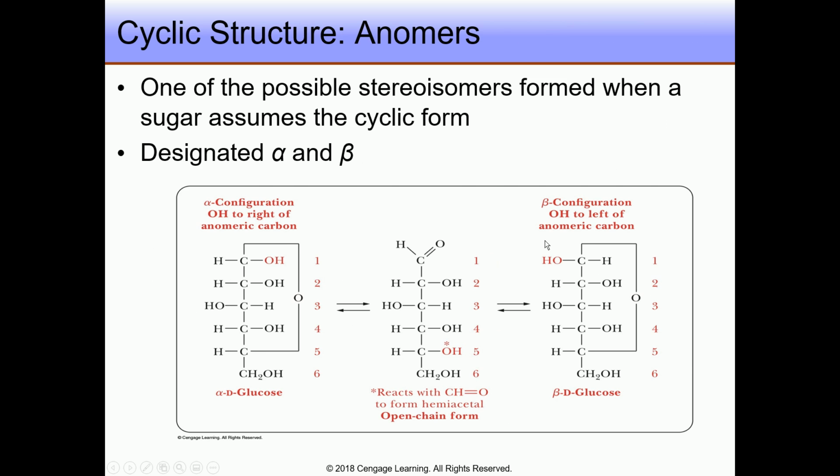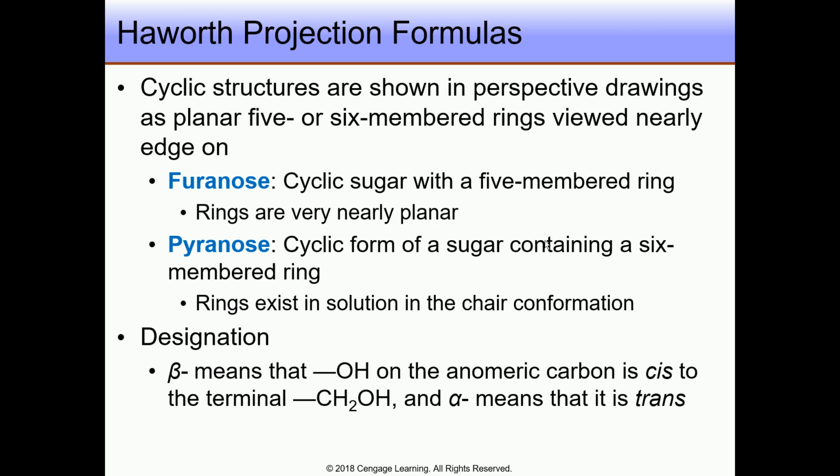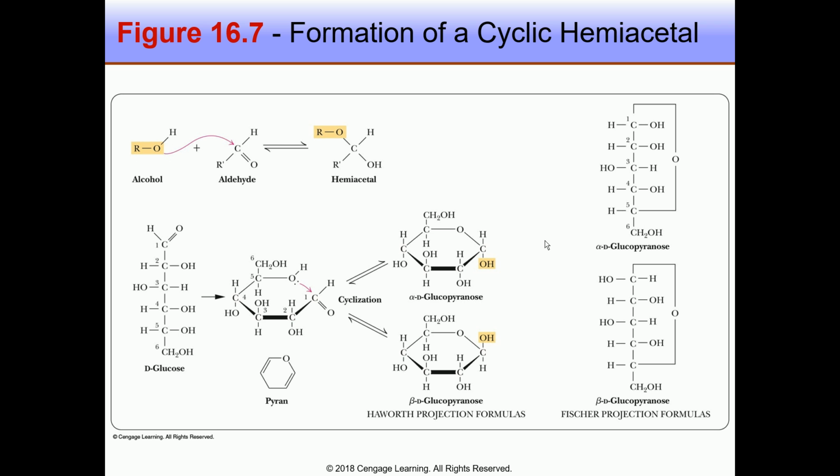So glucose has two forms. It exists as two stereoisomers, D-glucose and L-glucose. And then it has two other forms, the alpha and the beta form also.